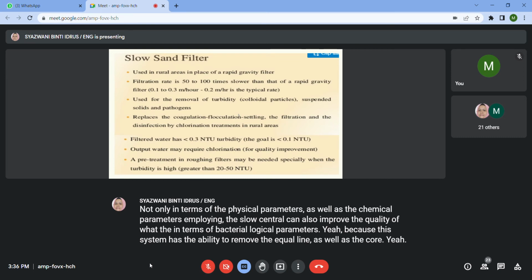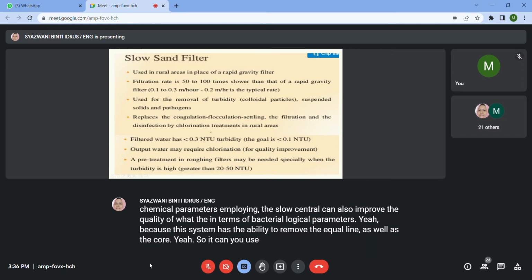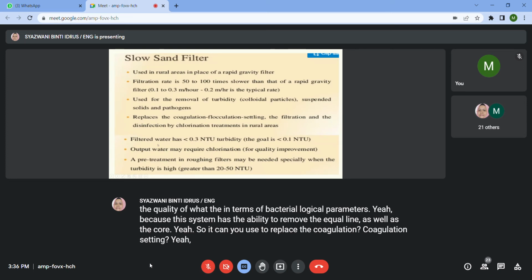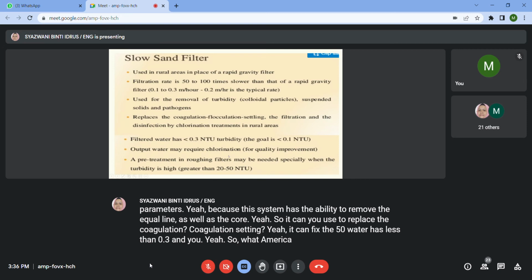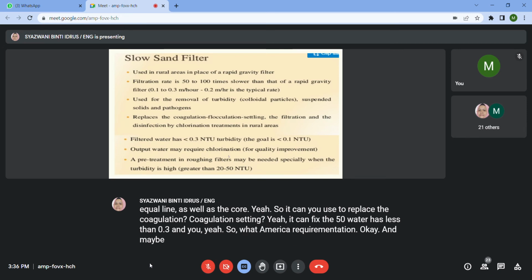So it can be used to replace the coagulation, flocculation, settling. The filtered water has less than 0.3 NTU. So the output water may require chlorination. Okay, and maybe it also requires pre-treatment.